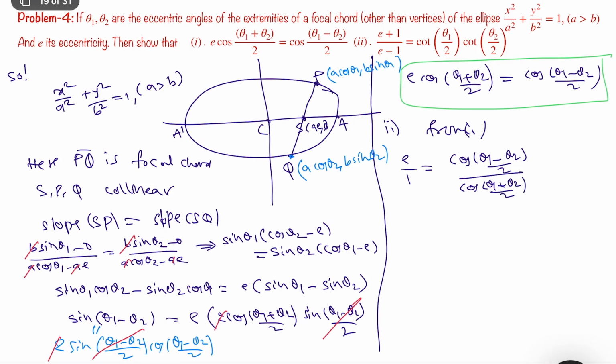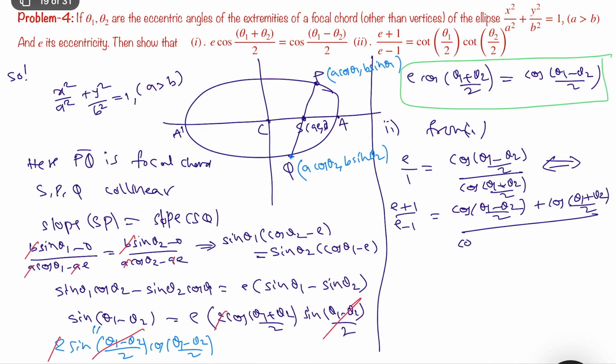By using something called componendo and dividendo, this will be equivalent to (e plus 1) by (e minus 1) equal to [cos of (theta 1 minus theta 2) by 2 plus cos of (theta 1 plus theta 2) by 2] by [cos of (theta 1 minus theta 2) by 2 minus cos of (theta 1 plus theta 2) by 2].